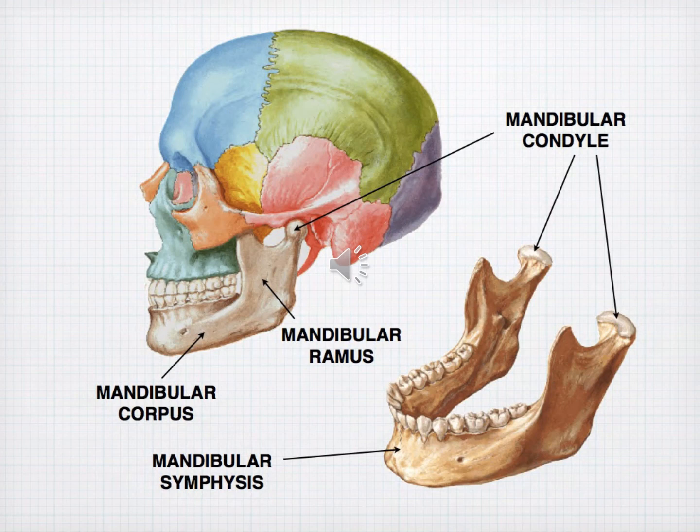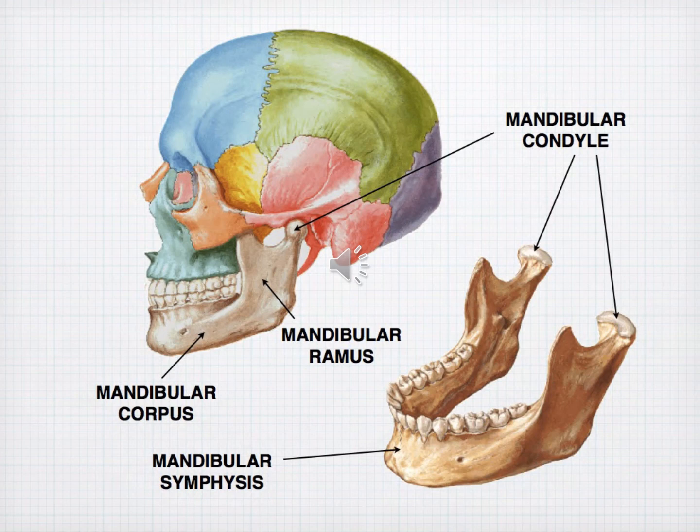The mandible is sexually dimorphic. And so areas of the mandibular corpus, which is kind of the body, that's what corpus means, body, the main lateral portion of the mandible, as well as the mandibular ramus, which is the area that ascends to the mandibular condyles, which form the temporomandibular joint, articulating with the temporal bone.